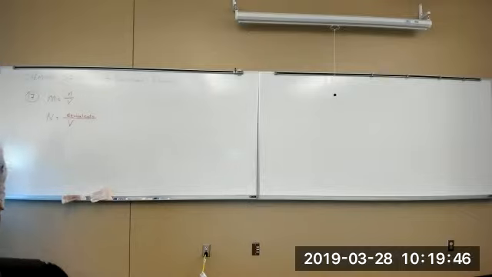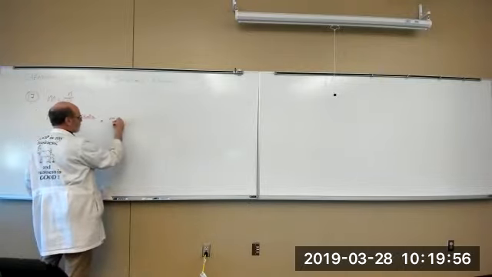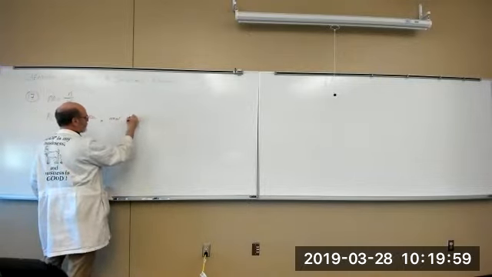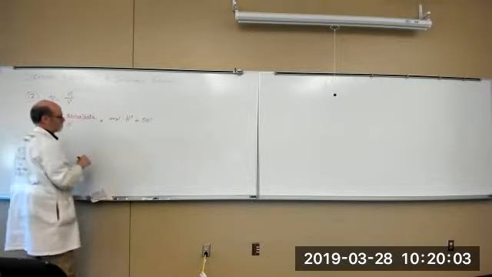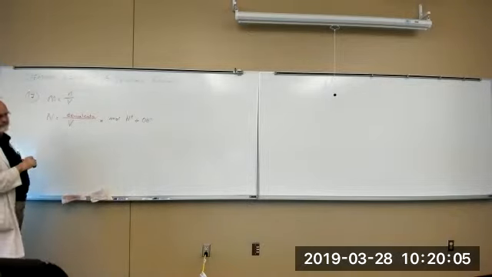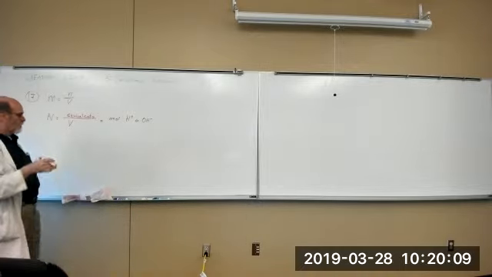Usually, not always, but usually, normality is used in terms of acids and bases. So an equivalent would be the moles of acid or base. What do I mean by that?